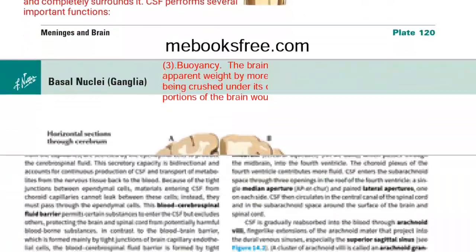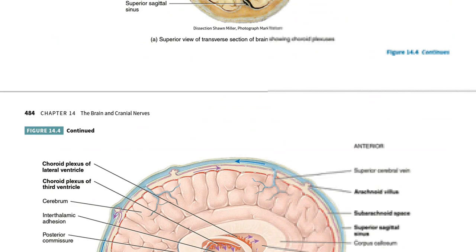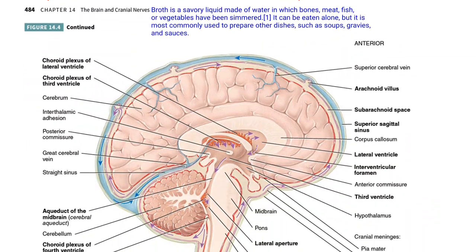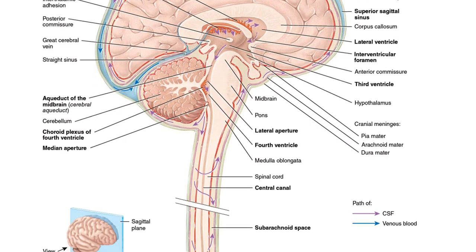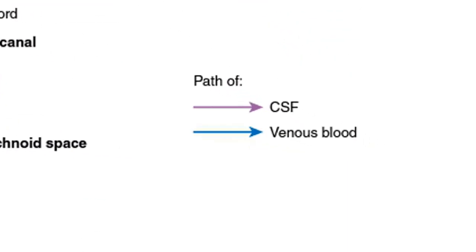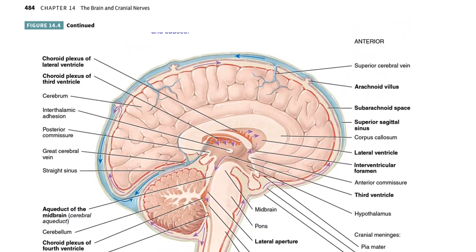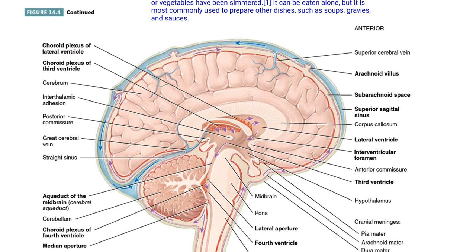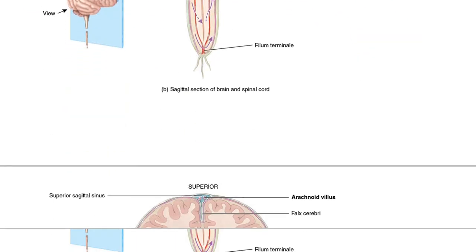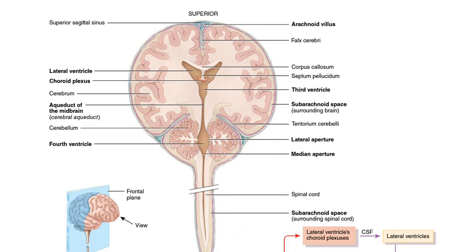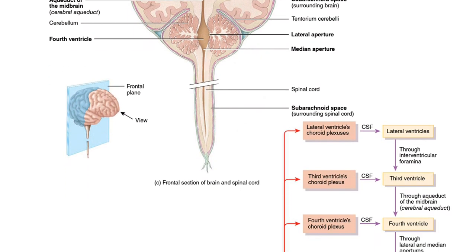This figure we have seen, then this we have seen, and this figure. See, the path of CSF to venous blood.